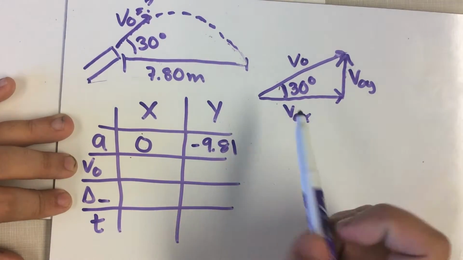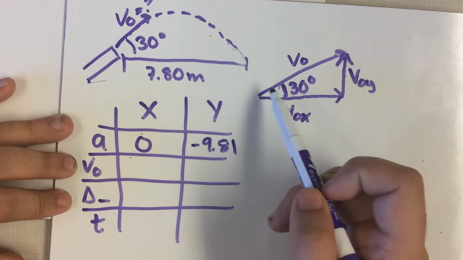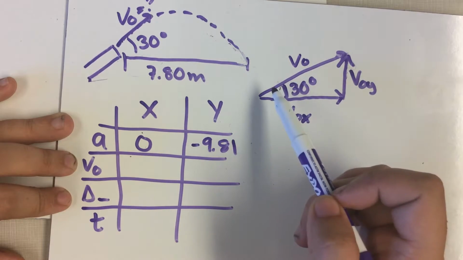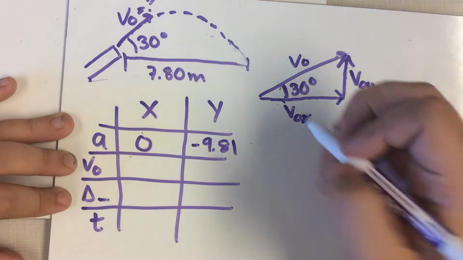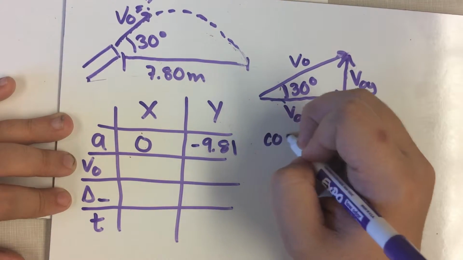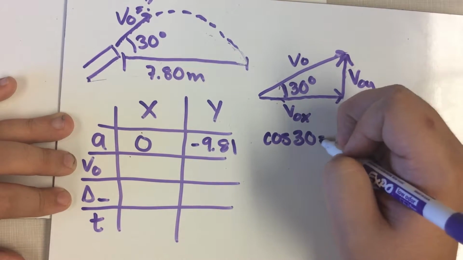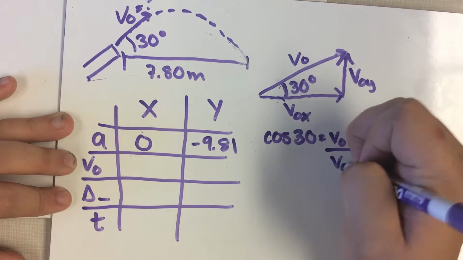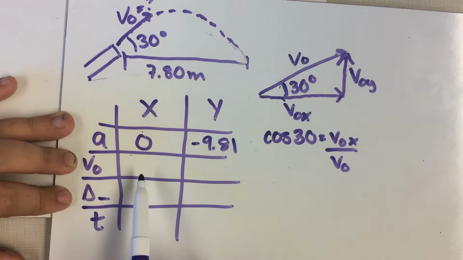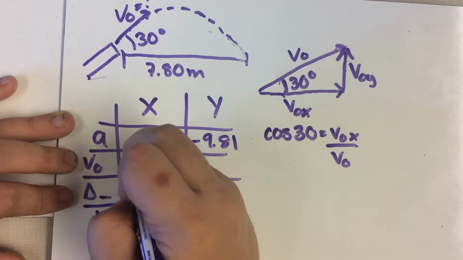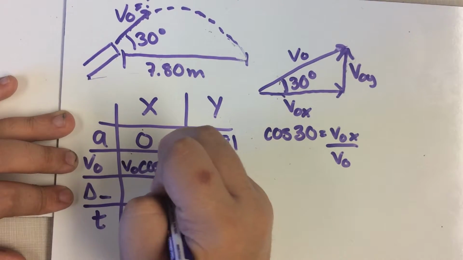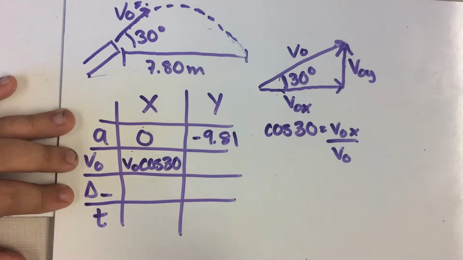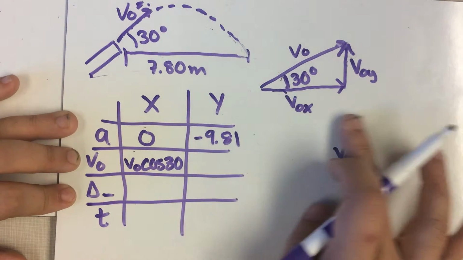To find the x component, I have the adjacent side and the hypotenuse, so that would lead me to use cosine. So cosine 30 equals v0x over v naught. That means my x component can be expressed as v naught cosine 30. I can evaluate the cosine 30 part in my calculator later.